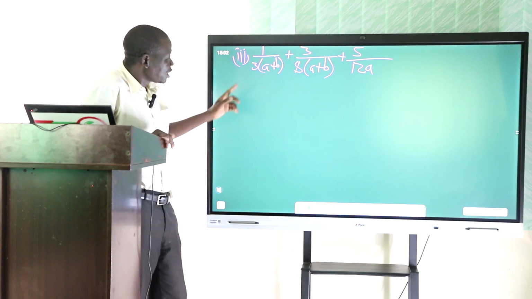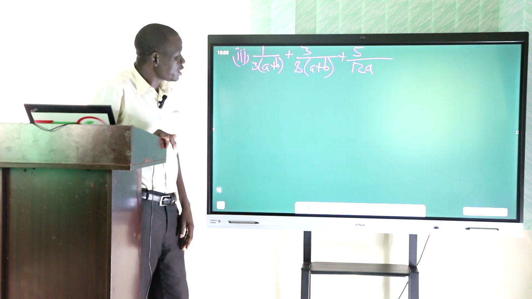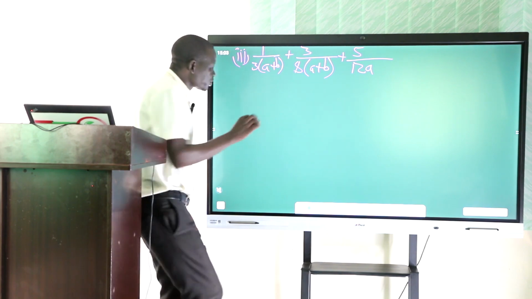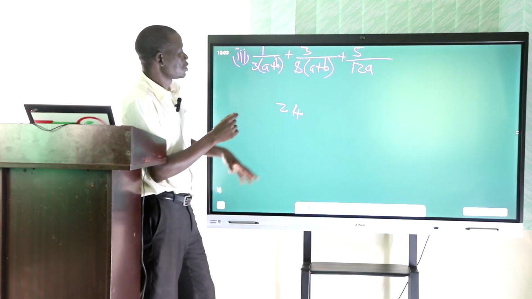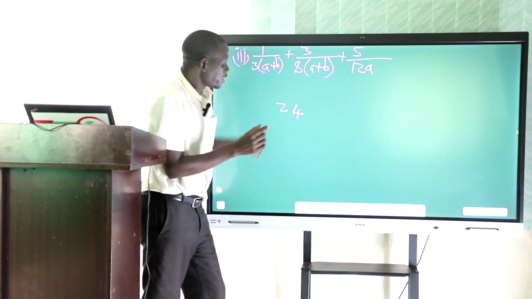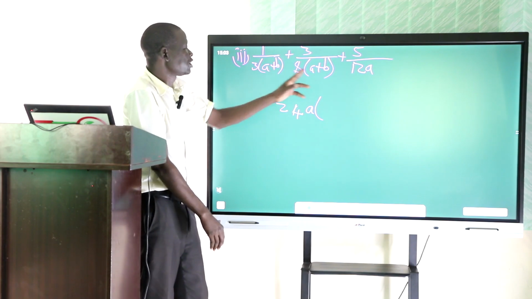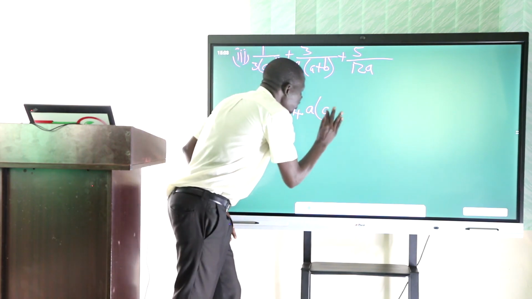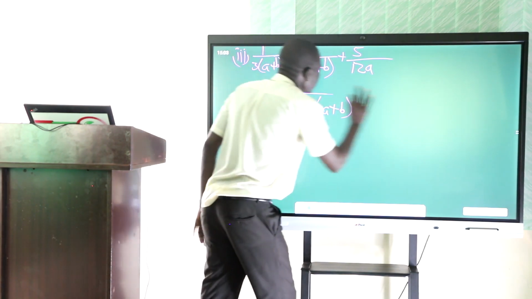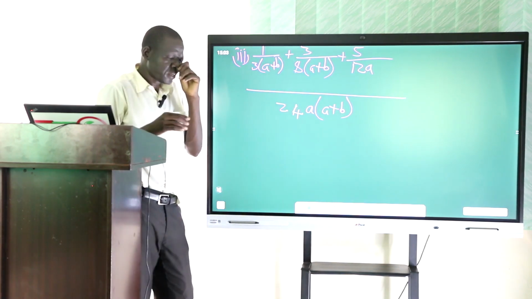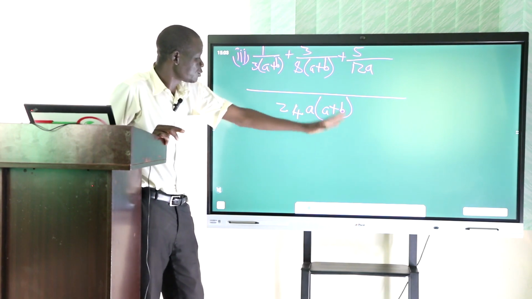So you can see that the LCM here of 3, 8, and 12 is 24. Then 24a into, then these ones are common, which is (a plus b). So this will be the general LCM of everything, 24a into (a plus b).